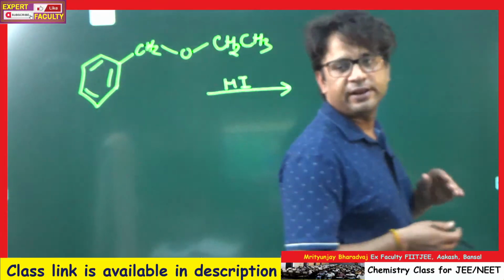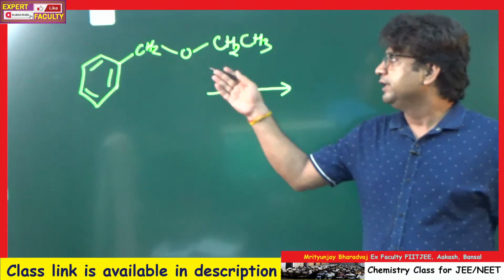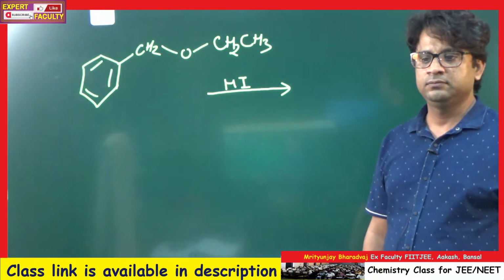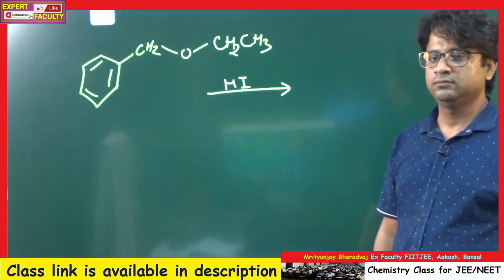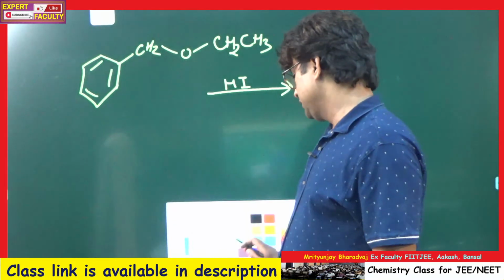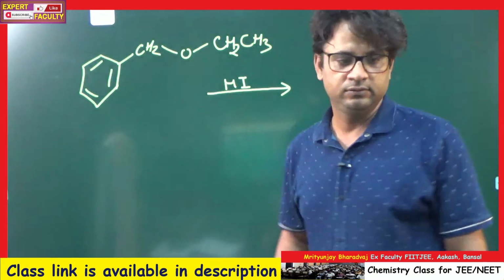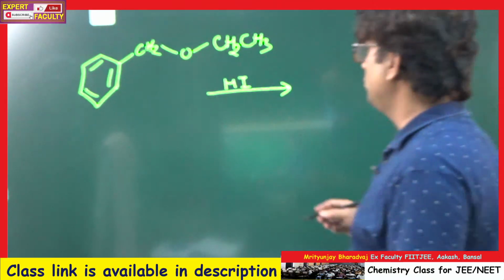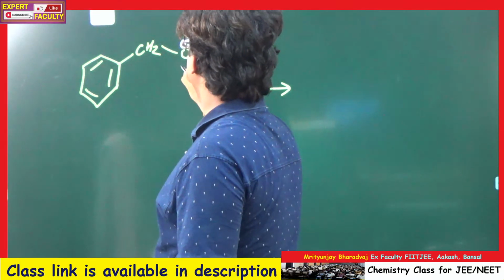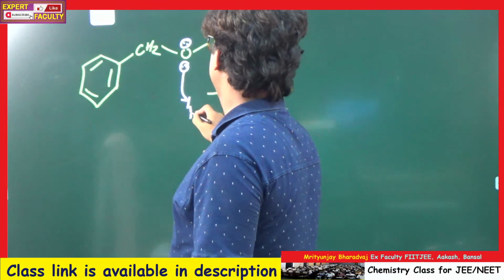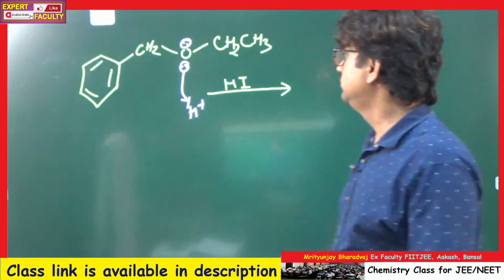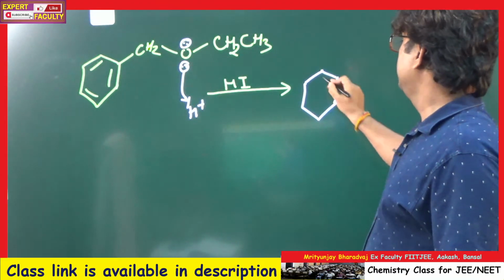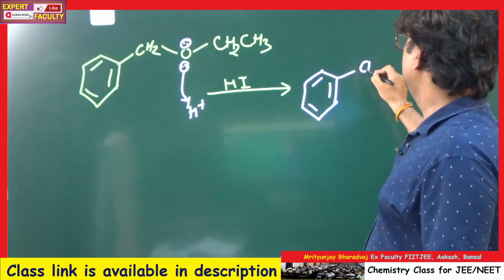So here it is the reaction of ether with HI. What will be the process? Oxygen will donate a lone pair to H plus. Very good. When oxygen donates a lone pair to H plus, OH plus will form.